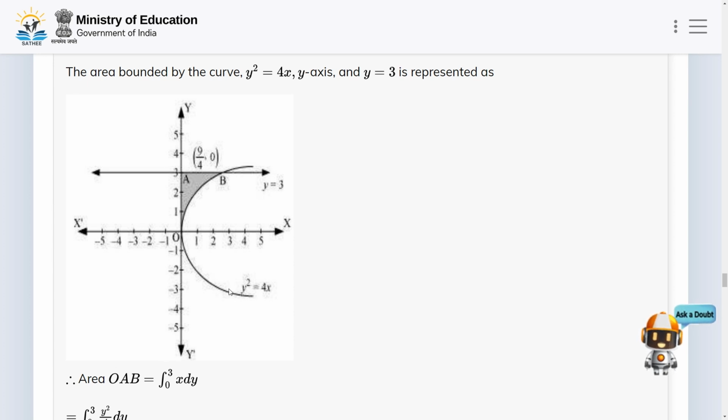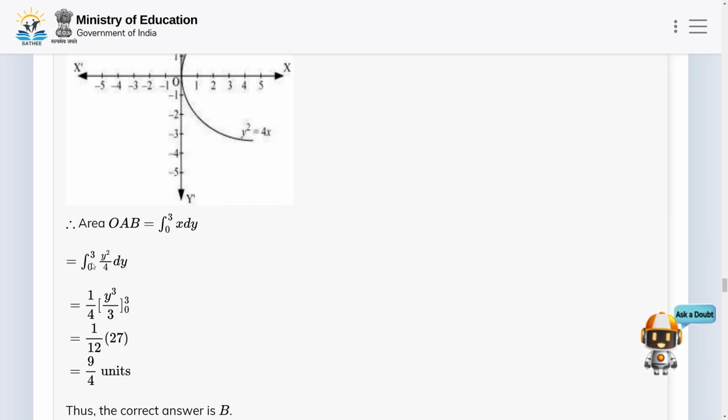So limits will be 0 to 3 x dy. X in terms of y means y square by 4. You know the direct integration for this. It will be just y cube by 3. Now apply the second fundamental theorem, or just the limits. You will get 3 cube divided by 3, and also multiplied by 1 by 4.